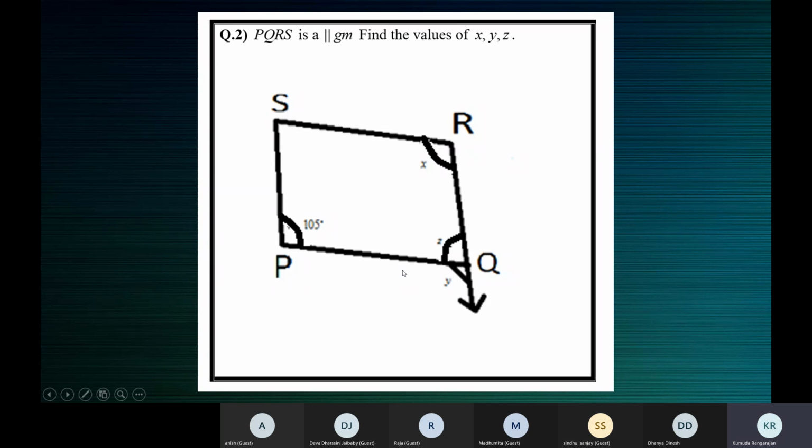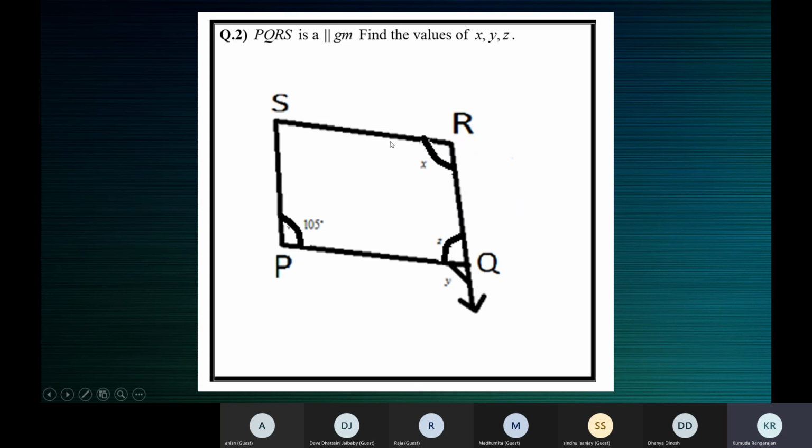Now, what is this transversal? A transversal is a line that cuts these two parallel lines. It should intersect these two parallel lines at different points. So this is the transversal, RQ. See, this one RQ intersects this line here, and it also intersects this line here. A transversal is a line that cuts the two parallel lines, or cuts the two lines.